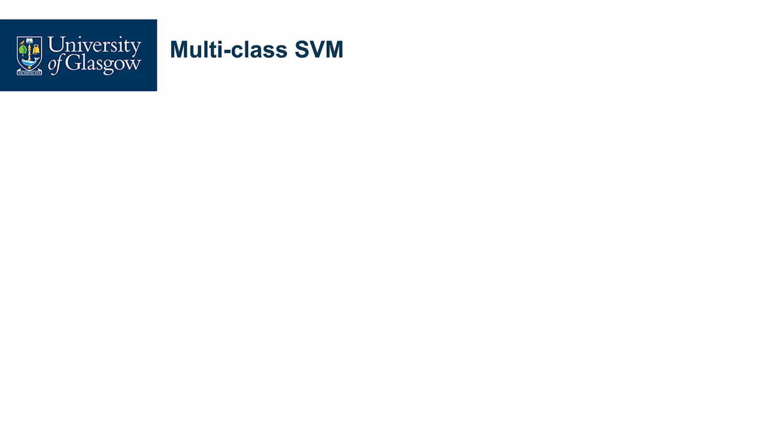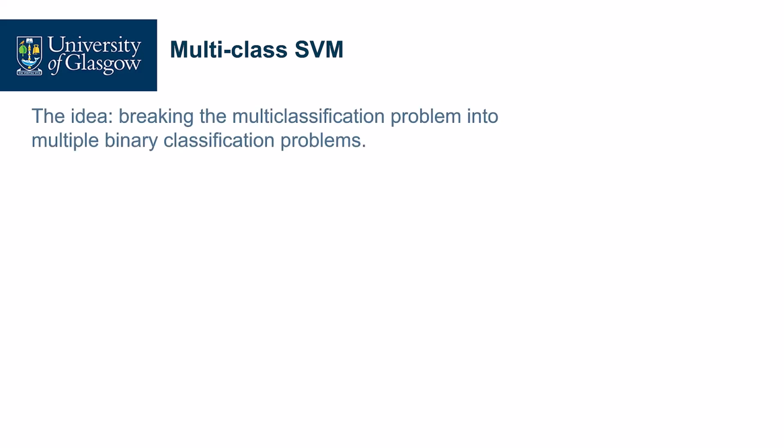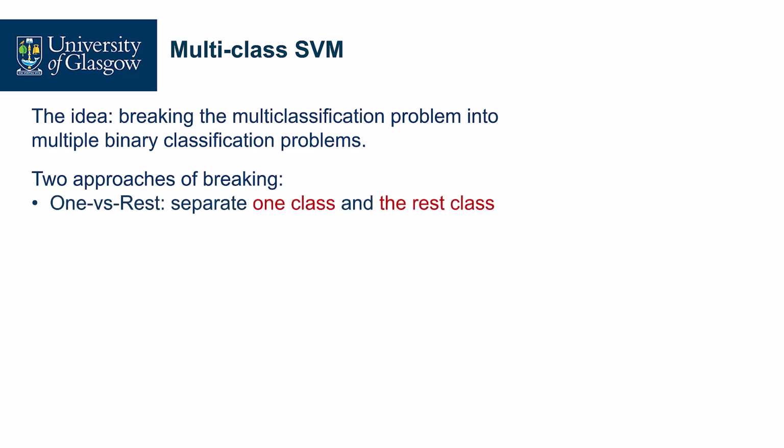The basic idea is that we try to break the multi-class classification problem, this one problem, into multiple problems. Each of the sub-problems is binary classification, and for each sub-problem, we can directly use SVM. So we normally have two methods to break the problems. One of them we call one versus rest.